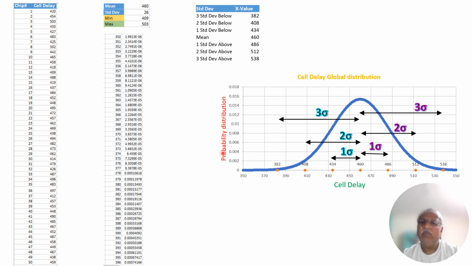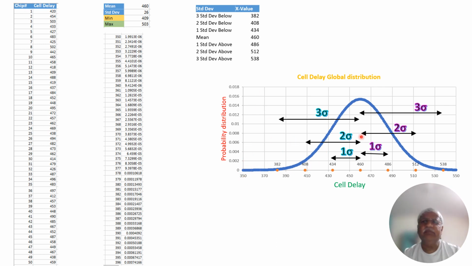That means what is the possibility that this 390 picosecond can occur in different samples. Here also this much, the probability distribution will be there, and the total should become 1.